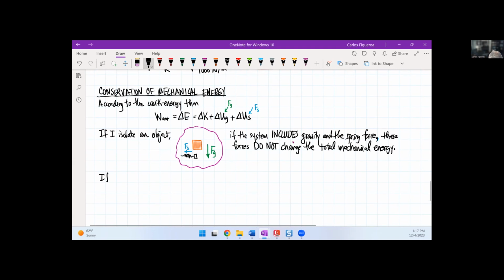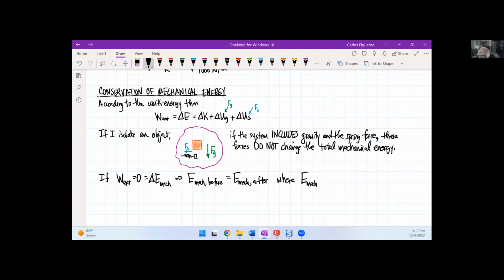So if W external is equal to 0, then the total energy of the system, which we call mechanical energy, we could see here that then the mechanical energy before must equal the mechanical energy after, where the total mechanical energy is equal to the kinetic energy plus the gravitational potential energy plus the spring potential energy.